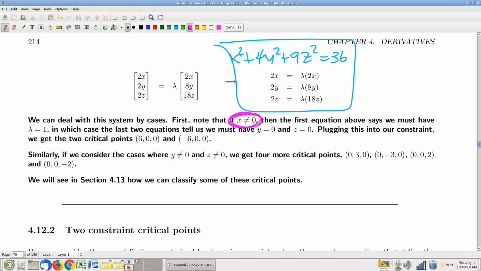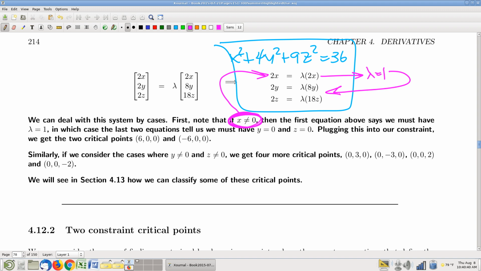I would like to start off with that because that allows me to go into that equation, and now I can cancel the x's, and that does allow me to get lambda equals 1. Now I still don't get a contradiction, right? I can't cancel the y's, I can't cancel the z's, there's no contradiction here, but at least I've got a lambda that I can then plug into there.